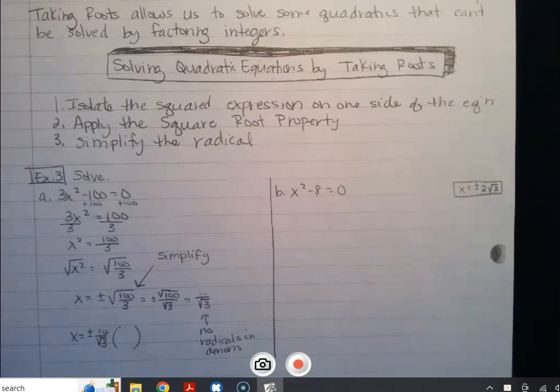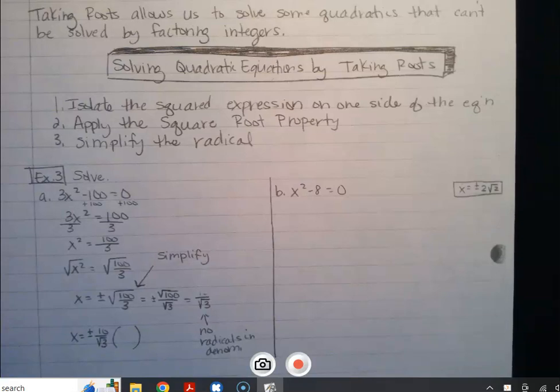And so that's why I'm like, if we're struggling, maybe it's a time to pause and look at that. So let's try this one and you can kind of see the big picture of where we're headed. Taking roots allows us to solve some quadratics that can't be solved by factoring integers. Brandon had asked, are there going to be some that we can't factor? And I was like, not really to start with. But there are some that you can't factor.